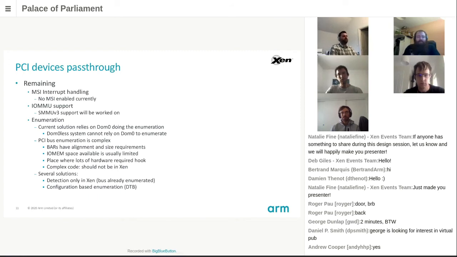Okay, if you take the Zephyr case as DOM0, one way or another, even though we would discover the devices, you would need to do the PCI enumeration in Zephyr. Yeah, okay, that's possible to do.